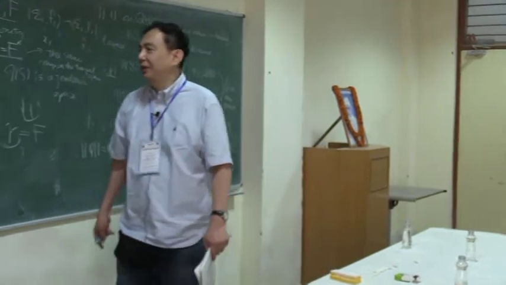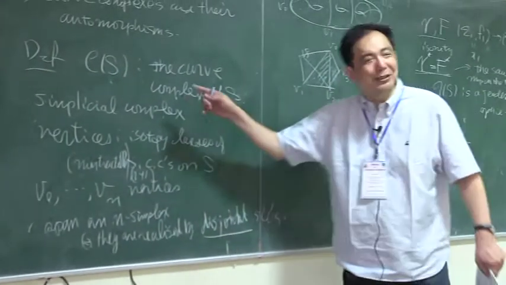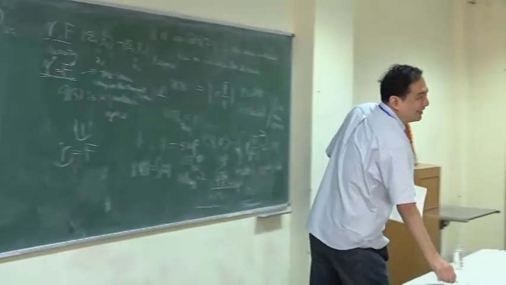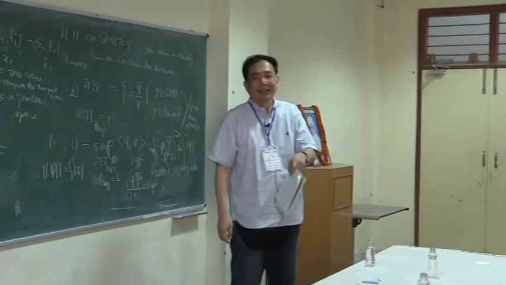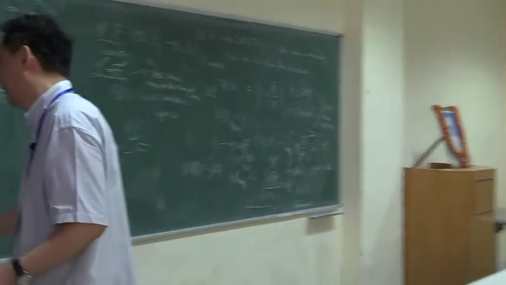This is because of the isotopy classes. If they are parallel, they're the same point. Okay, distinct vertices. Okay.